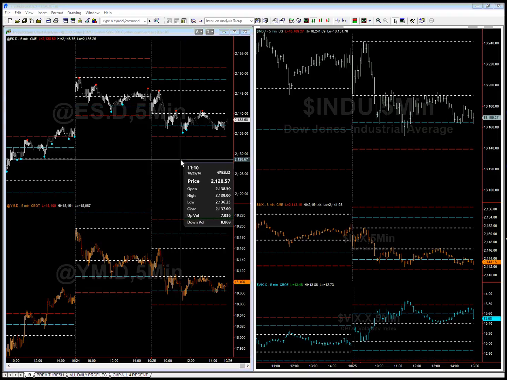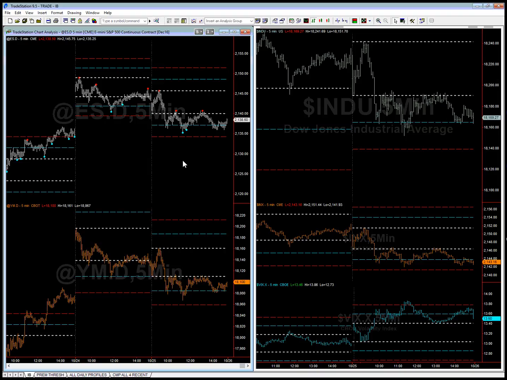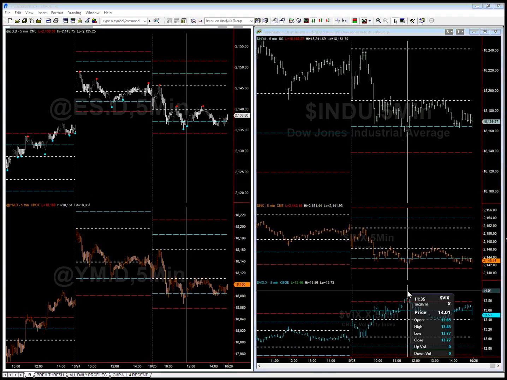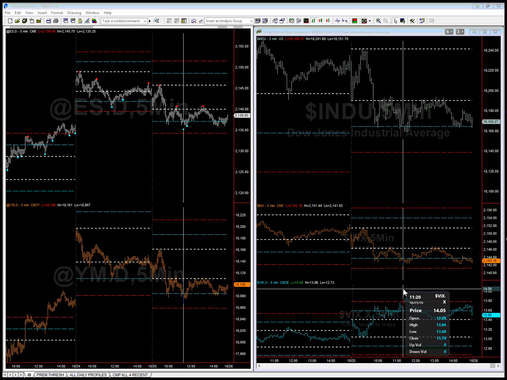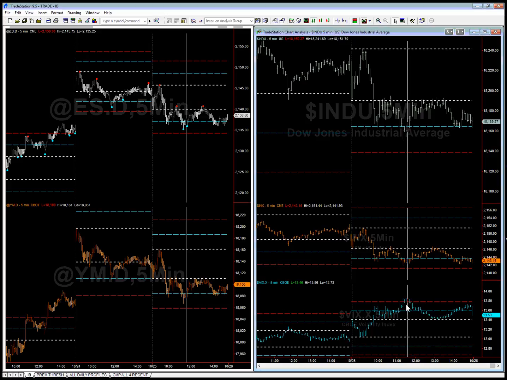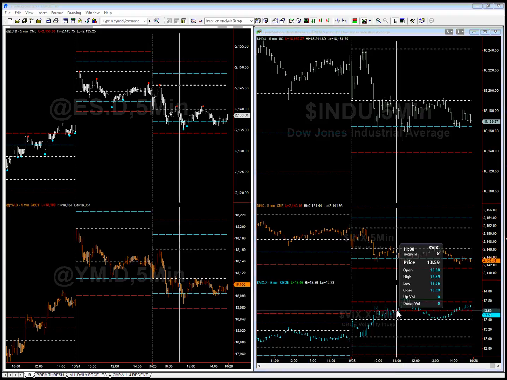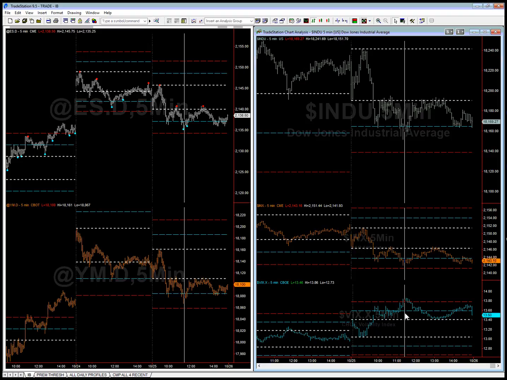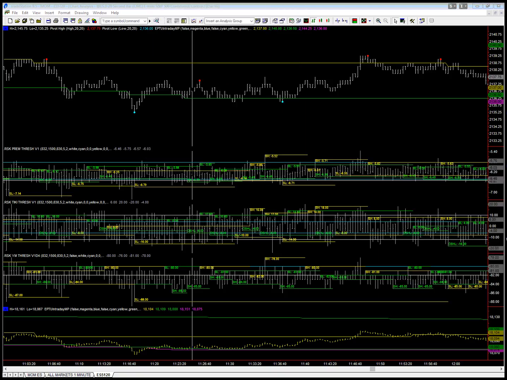We come down here, and you'll notice that at this particular moment, as we're dropping lower, the VIX, which is the only feed that goes into the second standard deviation line, has now penetrated that and is becoming divergent itself. So nobody else made it down that far. The VIX made it up, and that's just the way it goes. Sometimes if the VIX hits it first, or if the IND hits it first, or if the INX hits it first, or if the YM hits it before the ES, any one of those things can cause this market to move up.